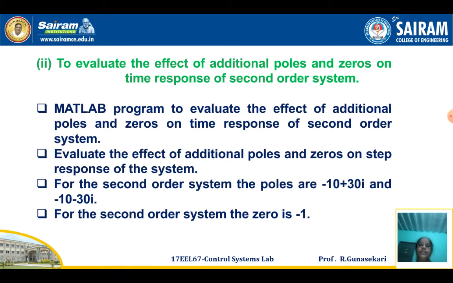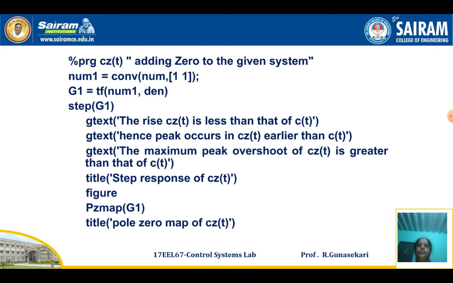Then the second one is the effect of additional poles and zeros. In this case, we can add poles. For the particular system, the poles are minus 10 plus 30i and minus 10 minus 30i, and zeros also. So now you can write the program. First I am adding the zero.